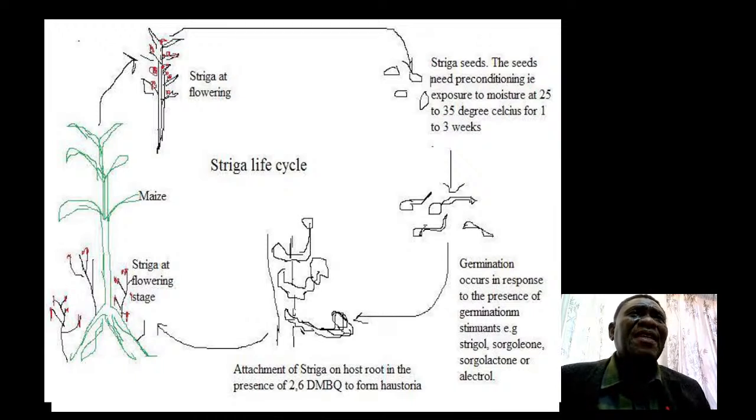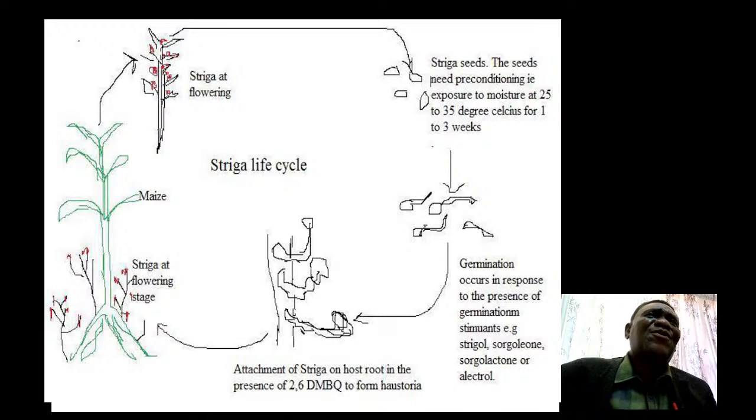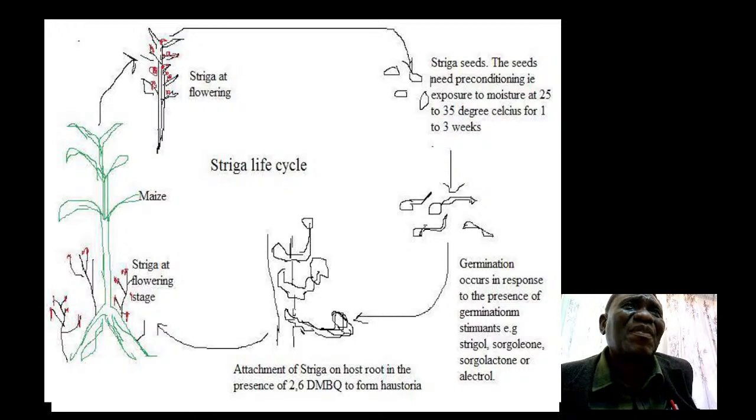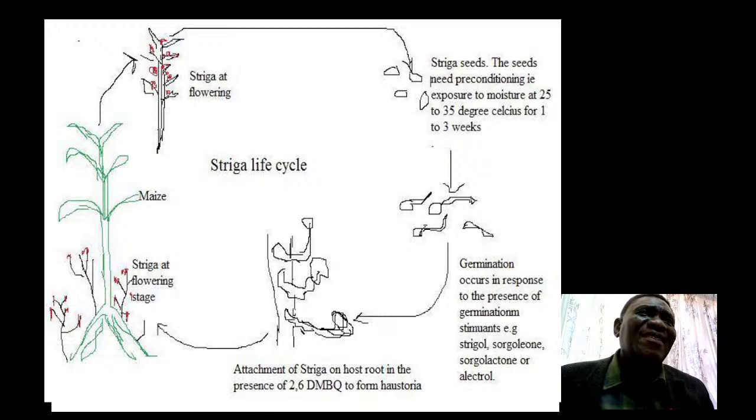Now we can interfere with the life cycle of Striga asiatica, probably here by limiting soil moisture if we can, or here we can change varieties, find varieties which do not support the germination of Striga, although the conditions could be there for preconditioning.